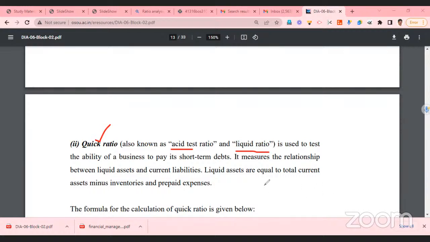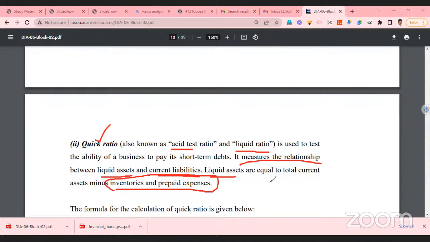Here it measures the relationship between liquid assets and current liabilities. So what are the liquid assets? Liquid assets are equal to total current assets minus inventories and prepaid expenses.